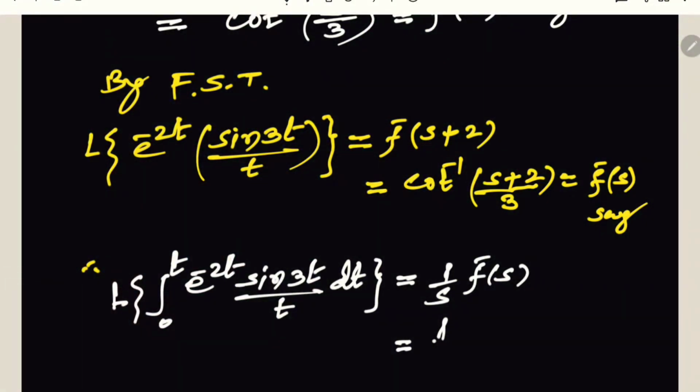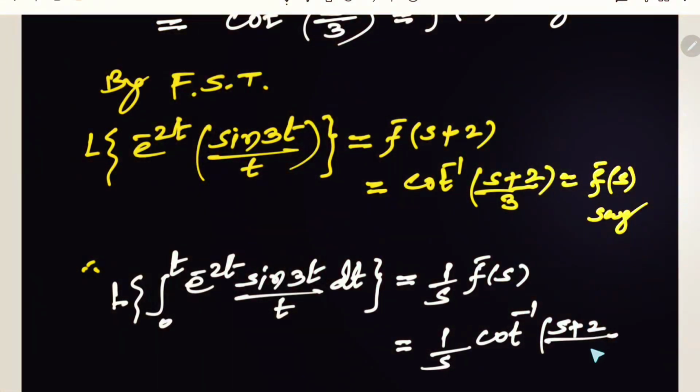Here it is 1 by s multiplied by cot inverse of s plus 2 divided by 3 as the required answer.